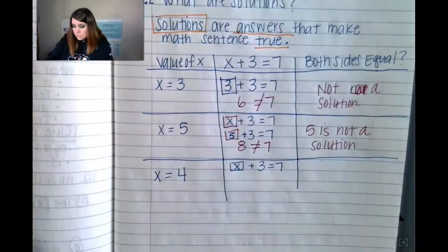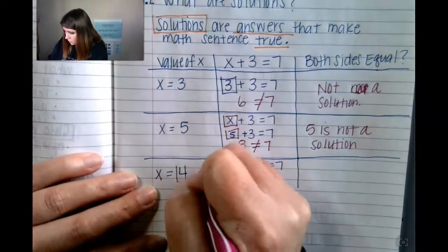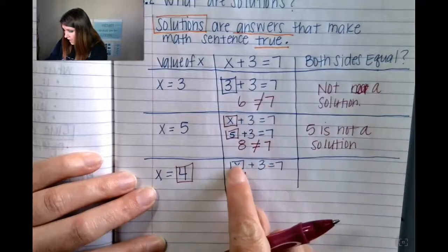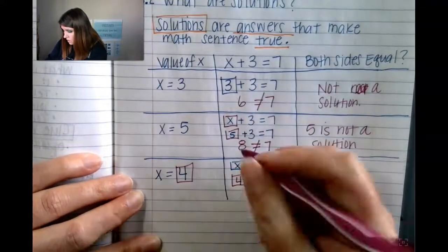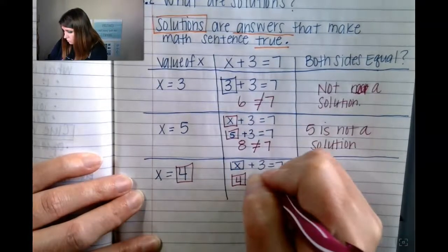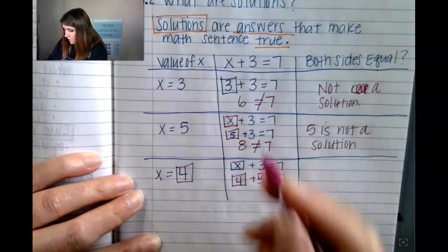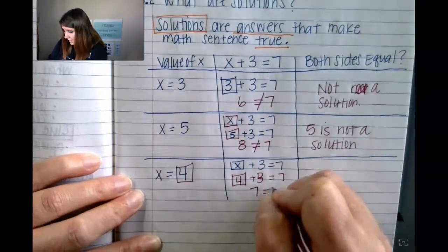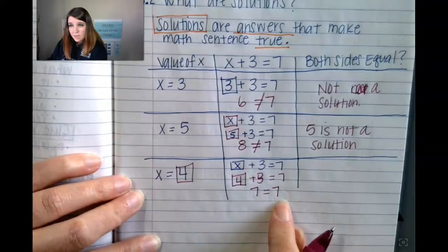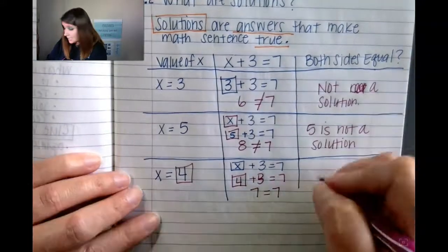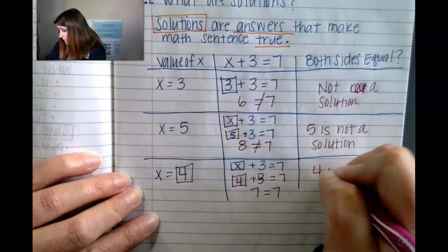All right, so now we're going to take this 4 and put it in there for x, because they said x equals 4, so 4 plus 3 equals 7. 4 plus 3 is 7, and 7 is equal to 7. So is 4 a solution? Yes, 4 is a solution.